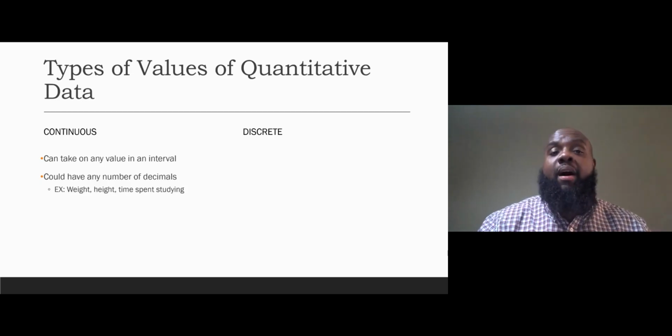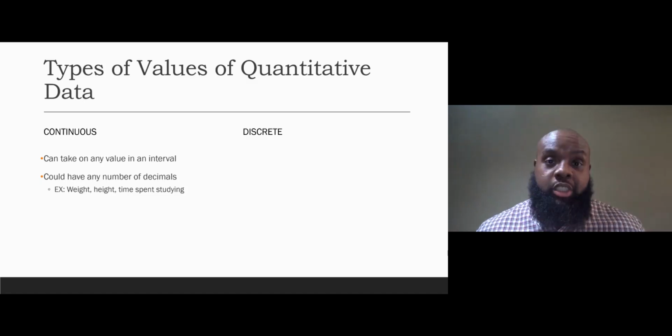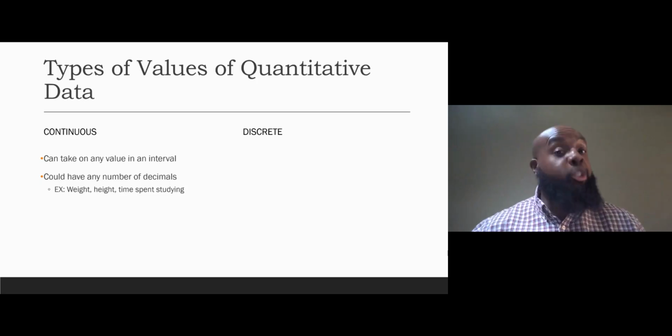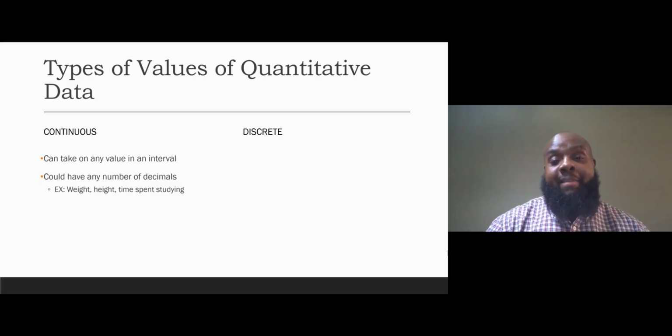Another way of thinking about that is that the variable can have any number of digits after the decimal. So a person's height can be 5.6789346 inches. Now, our measurement instruments may not go that far, but technically, a person's height can be that value that I just randomly called out.